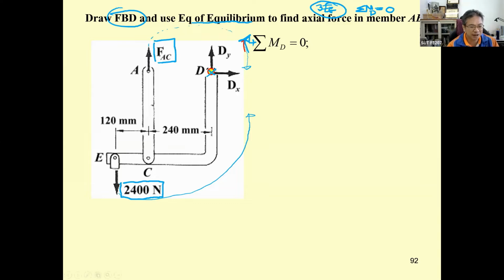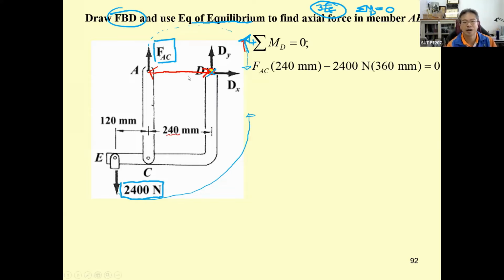Since clockwise is positive, F sub AC times the distance here produces the moment. This is going to be 240 millimeter. So this one is positive F sub AC times 240 millimeter.